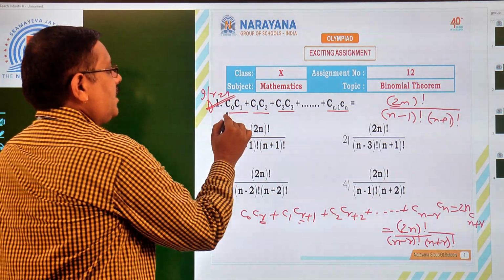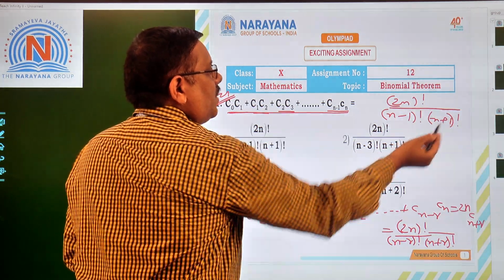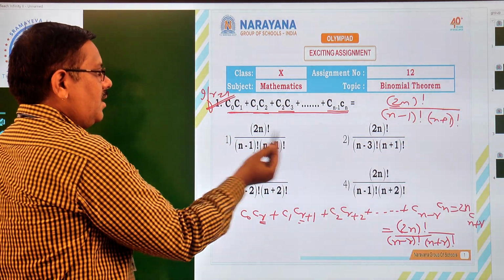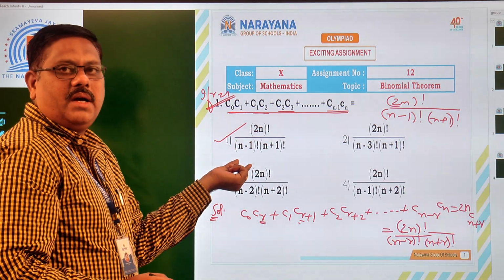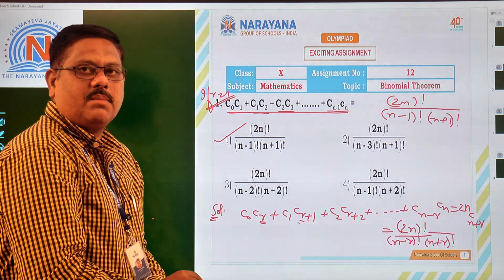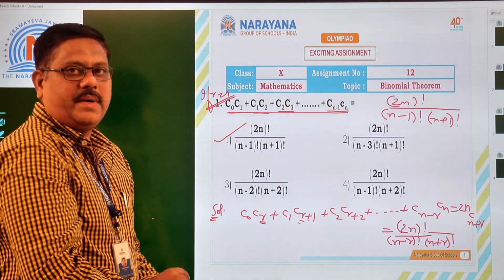So this entire expression value becomes 2n factorial by n minus 1 factorial into n plus 1 factorial. If you look at the options, the first option is nothing but the same, 2n factorial by n minus 1 factorial times of n plus 1 factorial. So the first option is the right option for this expansion.